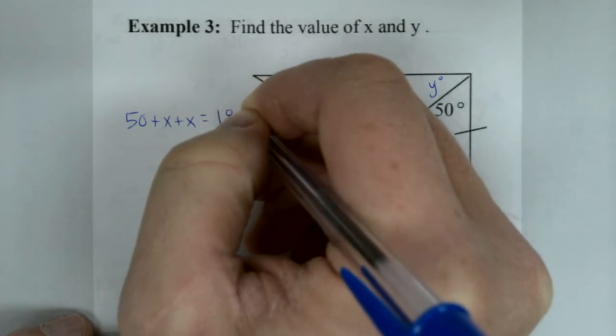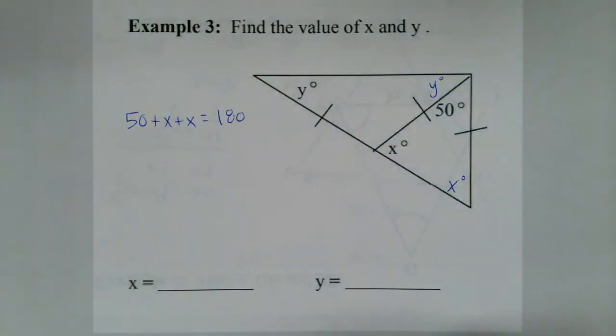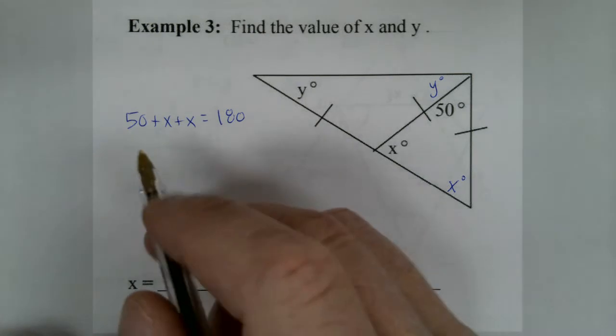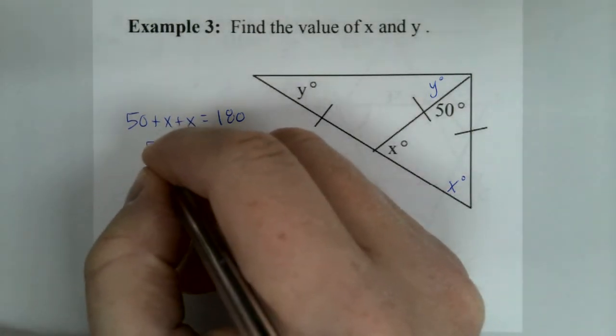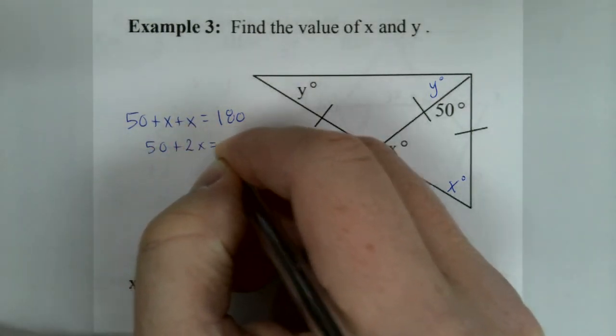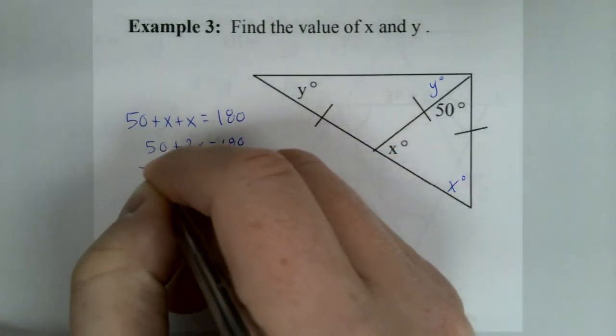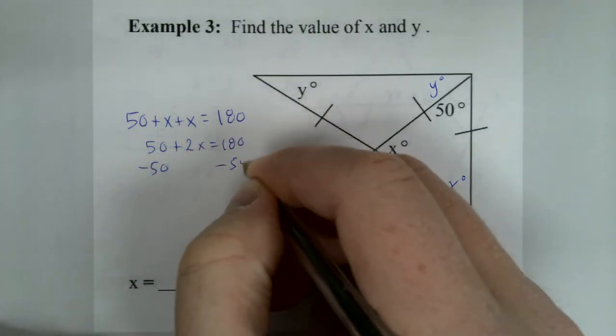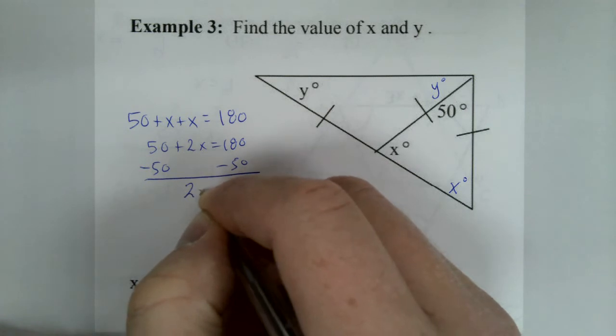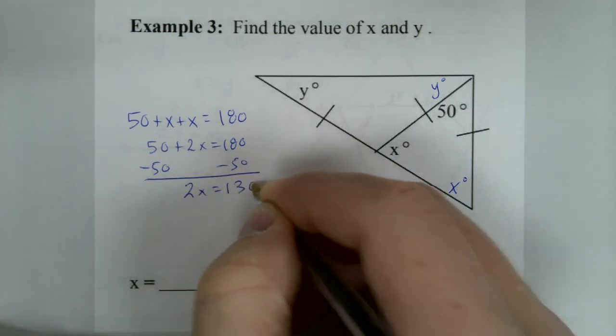is equal to 180. If I go about solving that, 50 plus 2x is equal to 180. I subtract 50 from each side. So 2x is going to be equal to 130.